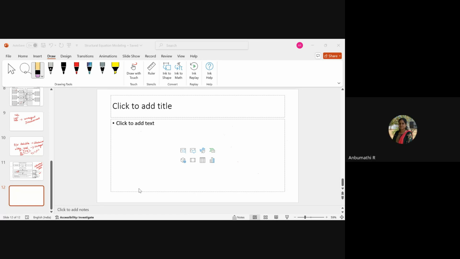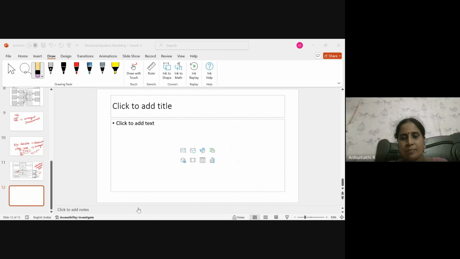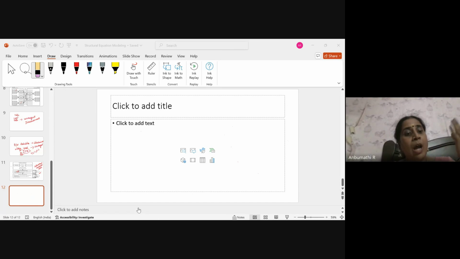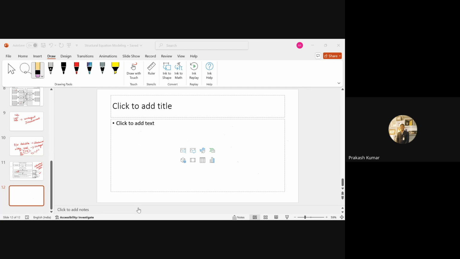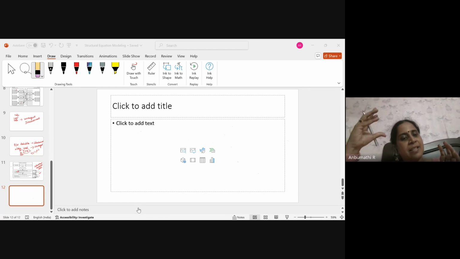These three variables are measured through observed variables. So this knowledge sharing, acquisition are all first order latent variables. While this knowledge sharing, acquisition, transfer is all put together, this knowledge management practices. Then that knowledge management practices is second order latent variable.